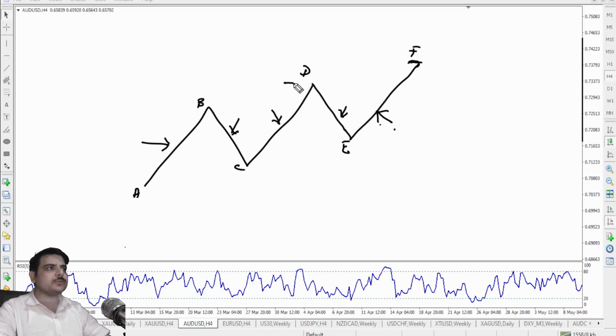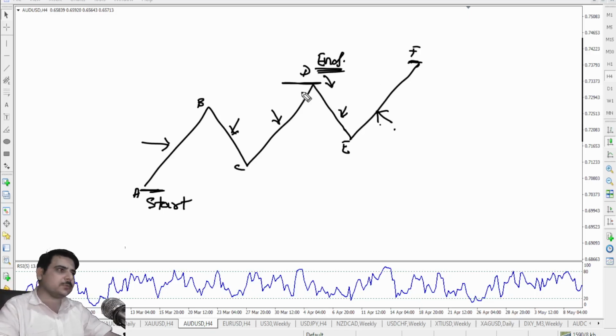Plus I will also be explaining the main reasons for this as a start point and for this as an end point, or I should say profit taking area, and from right here waiting for the next move of the market.